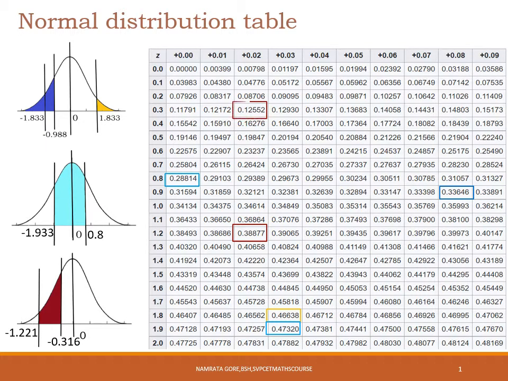And next we take the area between z equal to 0 and 0.316. 0.316 can be rounded to 0.32, so that we take the area as 0.12552, and the difference between these two values will give us the area denoted by this shaded region. Further, we can solve examples using this particular concept of reading the normal distribution table.